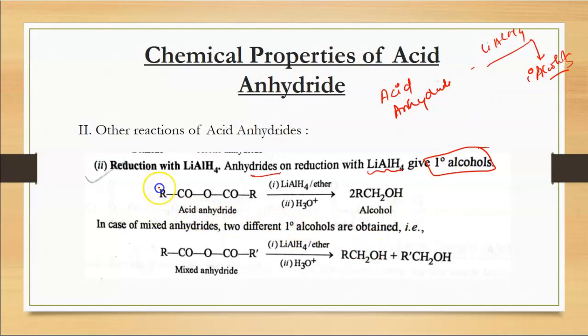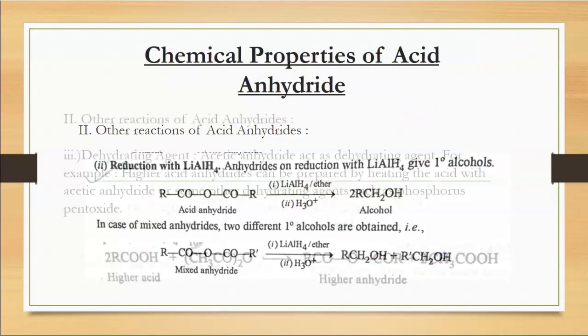So you can see this is your acid anhydride in reaction with LiAlH4 in the presence of ether, and after getting hydrolyzed, it is going to give you your alcohol. Okay, but in case of mixed anhydride, two different primary alcohols are obtained. That is quite understandable. If this R group is different and this R dash group is different, you are definitely going to get primary alcohol, but two different primary alcohols are obtained. Okay, so that is quite understandable, correct?